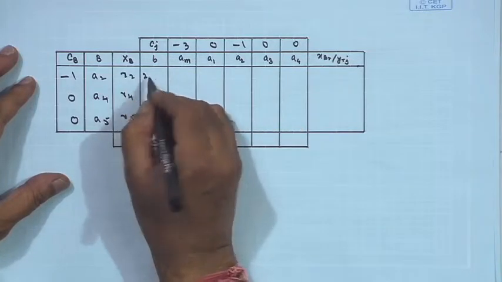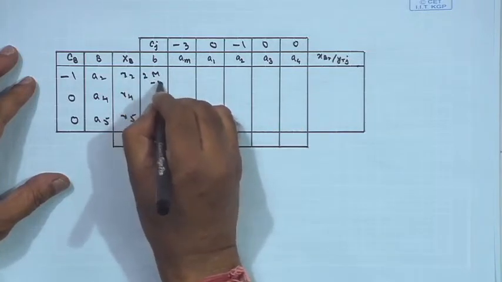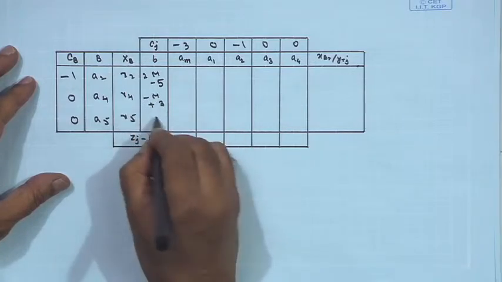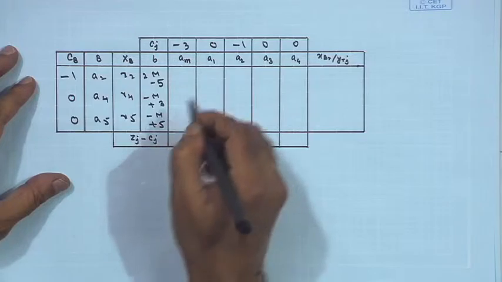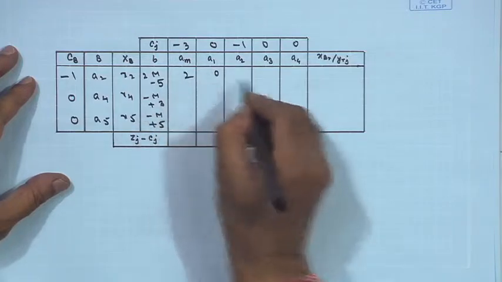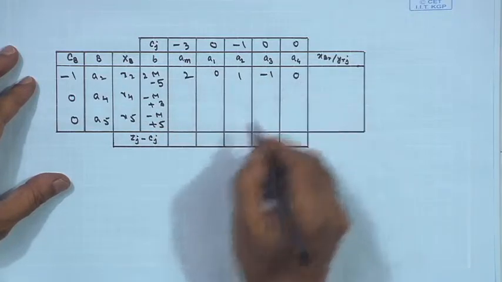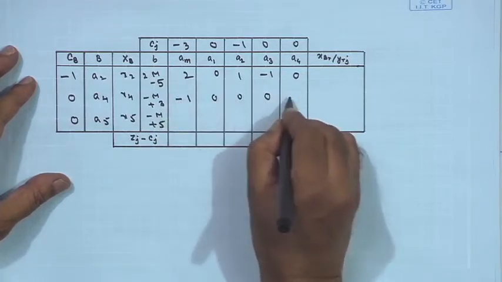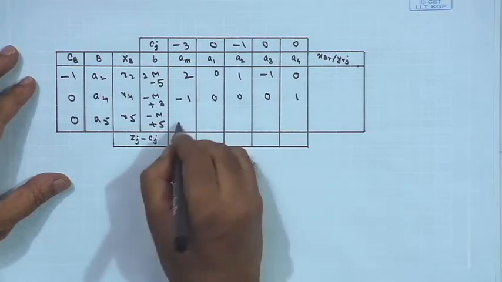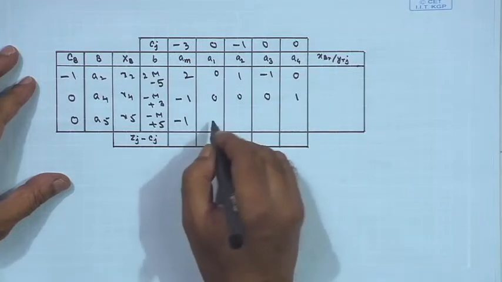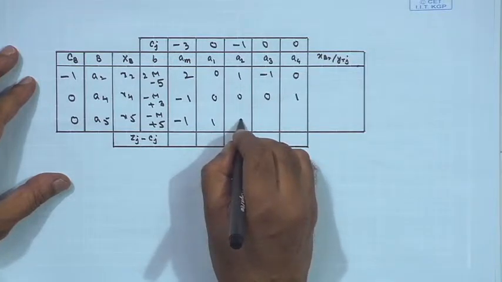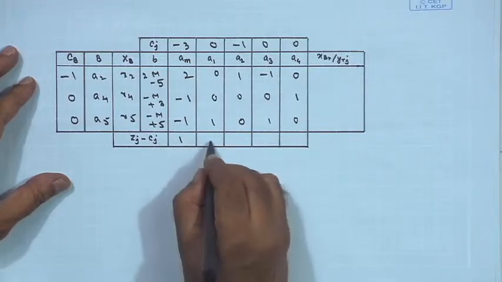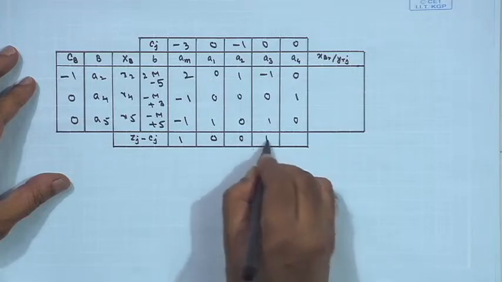So, I am just writing the values again: 2M minus 5, it will be minus M plus 3, minus M plus 5. So, it is 2 0 1 minus 1 0 minus 1 0 0 0 1. You should check these values. I am directly writing because of the time constraint: minus 1 1 0 1 0. If you calculate the Zj minus Cj value, it will be 1 0 0 1 0.